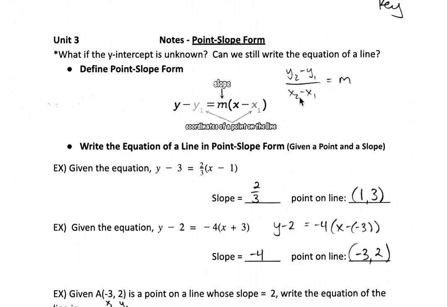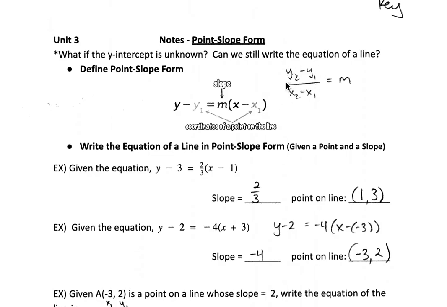So one way that we can look at it is if we use our slope formula, and if we multiply both sides by the denominator, x2 minus x1, then that moves it over to here. So we have m times (x2 minus x1), not squared, which is what we have right here on the right side of our point-slope form.